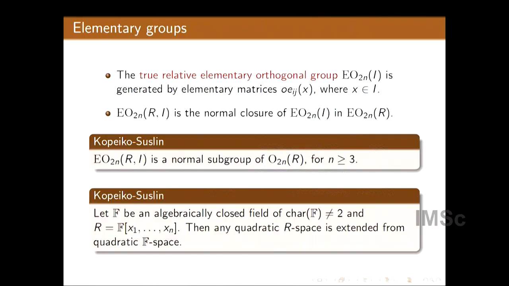She conjectured this result to be true, which was later proved by Suslin and Kopeiko. All right, these are Suslin's results and the analogous results in the setup of the symplectic group and orthogonal group.